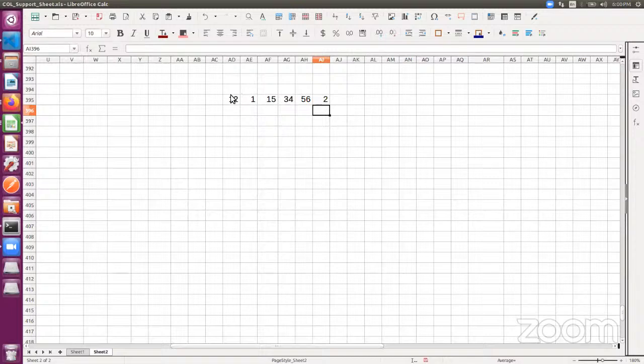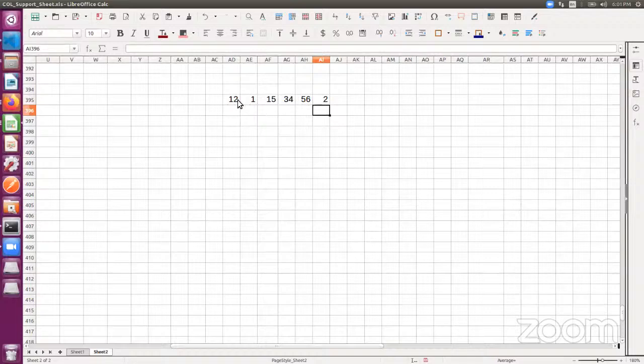Let us take these 6 elements. In bubble sort, we are just going to compare the adjacent elements. Suppose we are trying to sort it in ascending order. In ascending order, the final output should be 1, 2, 12, 15, 34, 56, right?